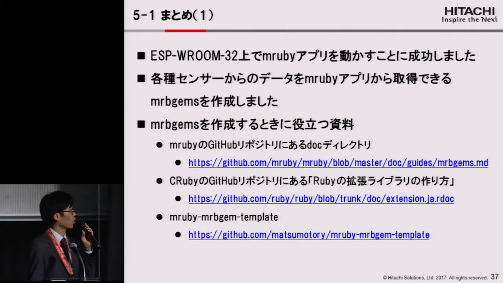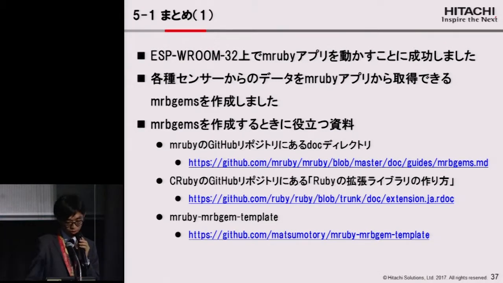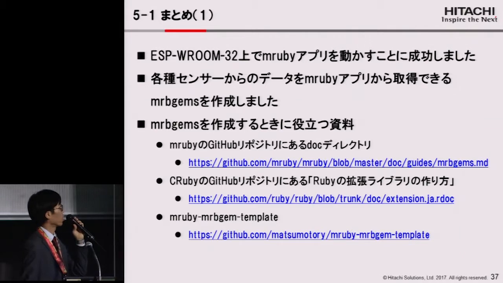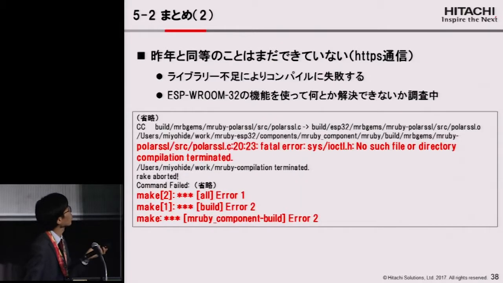I also referred to how to create an extended library in Ruby, which is on the GitHub repository. There's also an mruby gem template. These are pretty instrumental in creating the mruby gems.